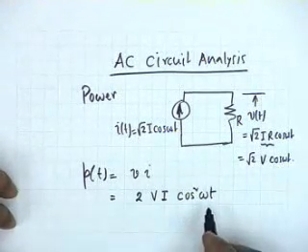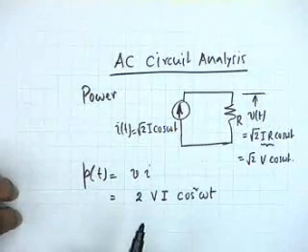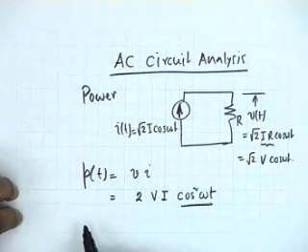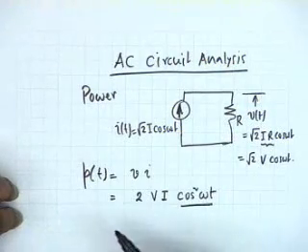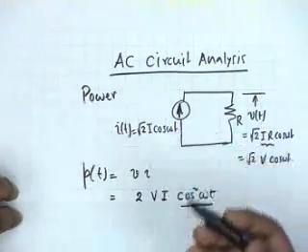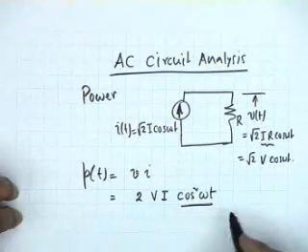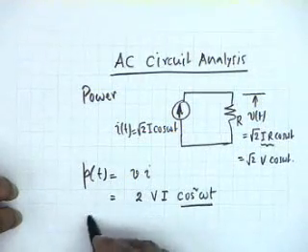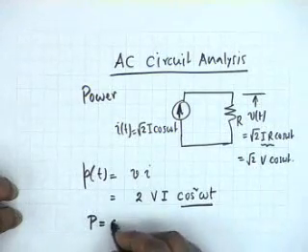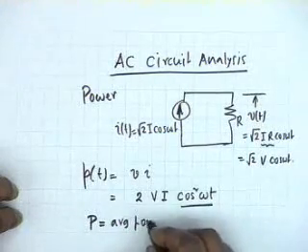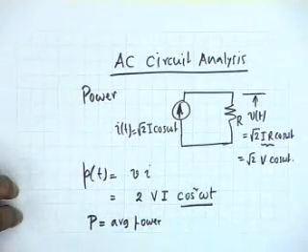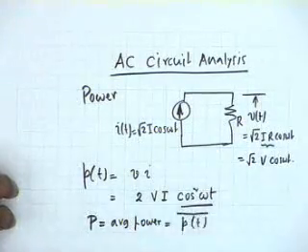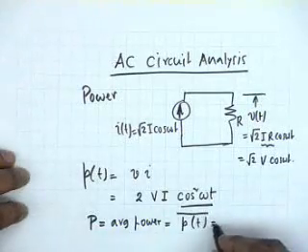In other words, the power is always positive, because it's a square of cosine, and the negative halves are also flipped into squares of the cosine, and therefore it makes sense to talk about the average power, capital P, averaged over a complete cycle.